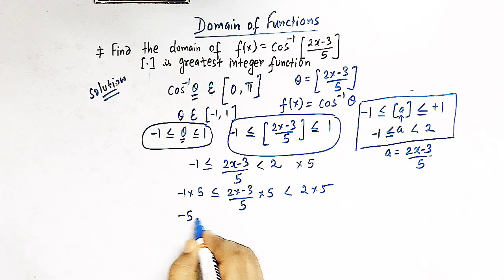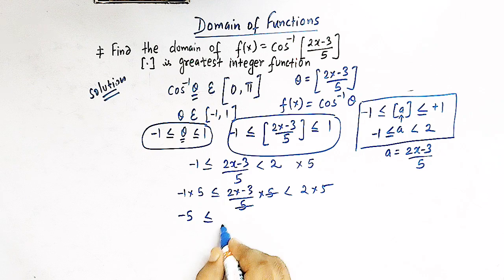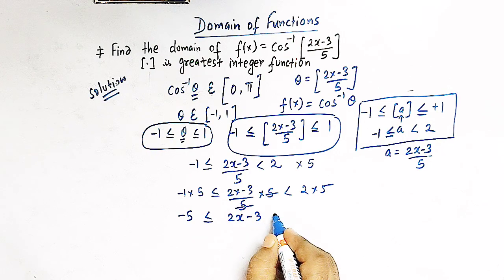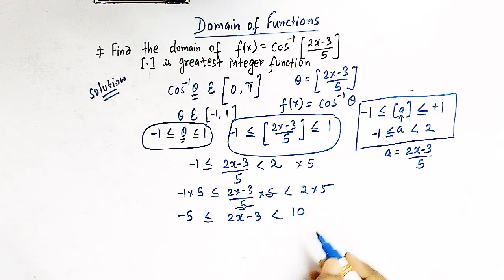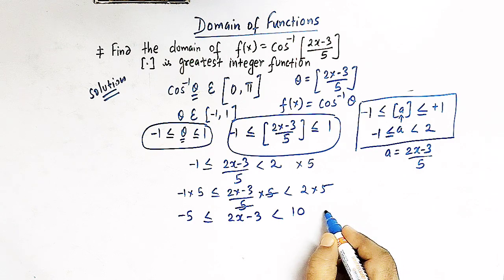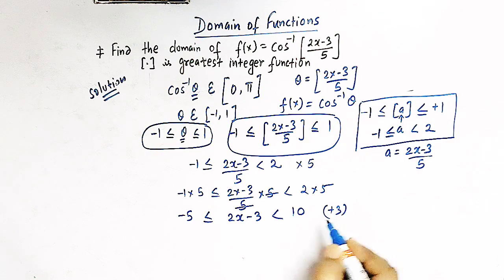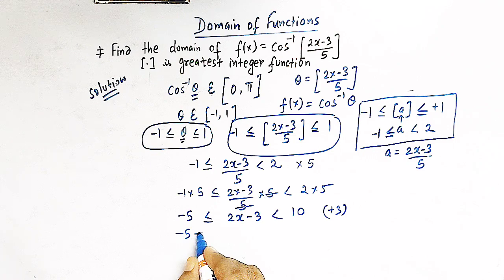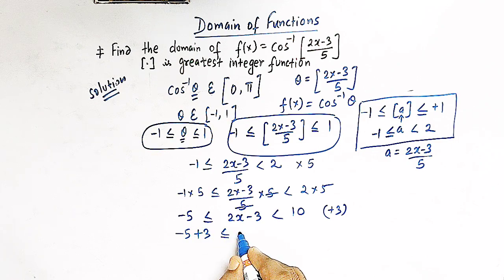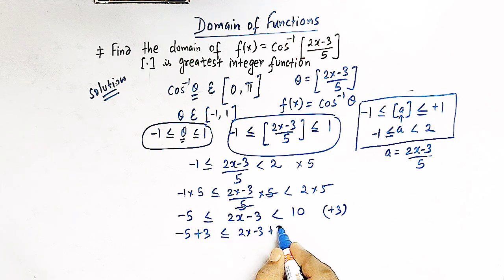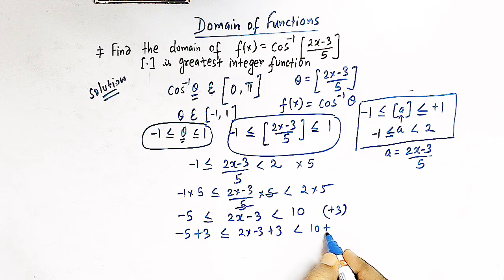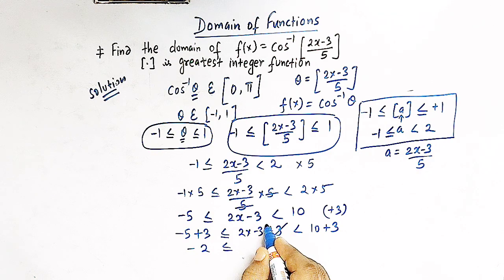So here we have minus 5, here 5 and 5 get cancelled, we have 2x minus 3, and here we have 10. Now let us add plus 3 throughout. So we have minus 5 plus 3, which is minus 2, then 2x minus 3 plus 3, where the 3 and 3 get cancelled, and 10 plus 3, which is 13.